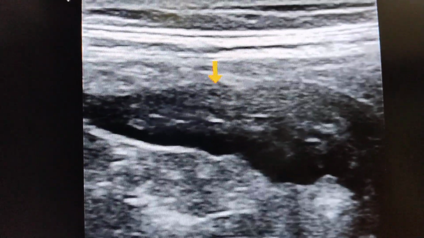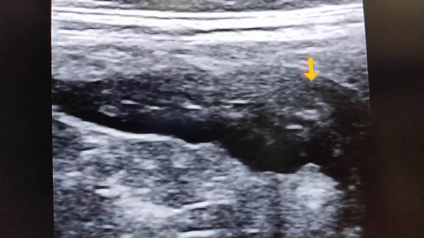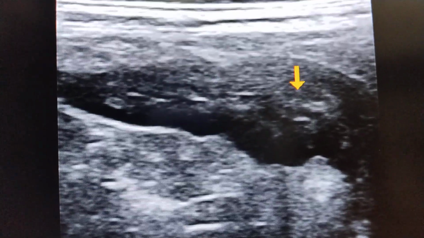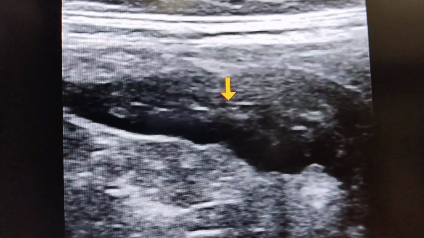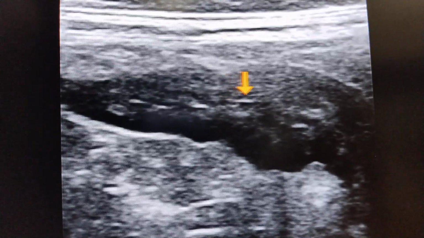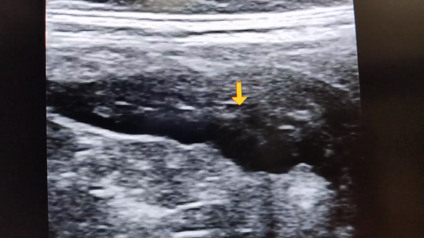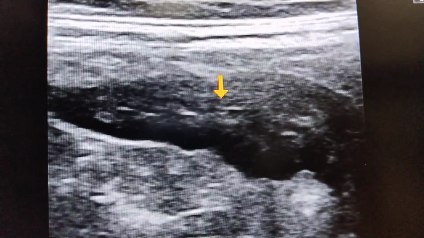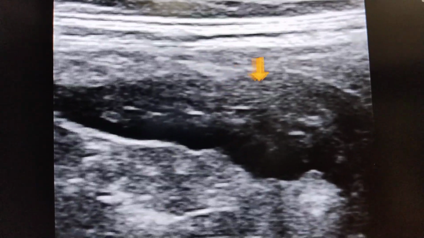We can't appreciate the normal layering of the bowel wall. Normally we have 5 layers: mucosa, then muscularis mucosa, then submucosa, then muscularis propria, then the serosa.